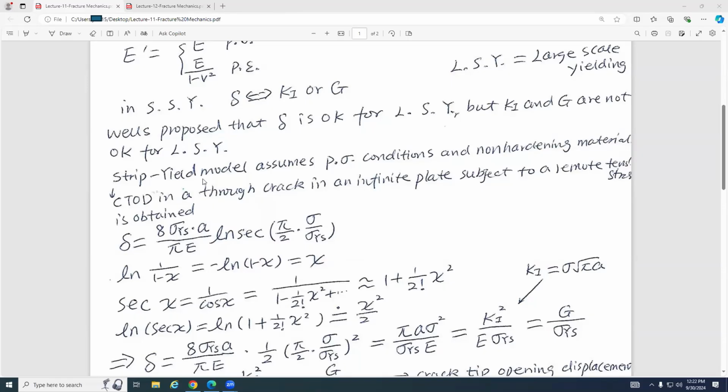Then this equation is approximately 1 plus 1 over 2 factorial x squared.